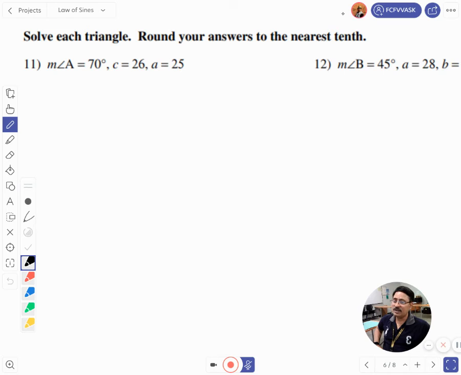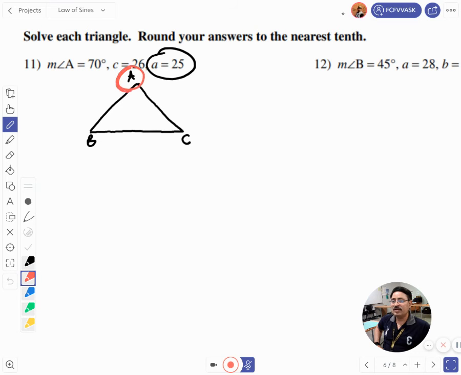I'm not going to explain completely, but I'll give you an idea: you draw a triangle and name it A, B, C. When small a is given, it is understood that it is the side opposite to angle A, which is 25.